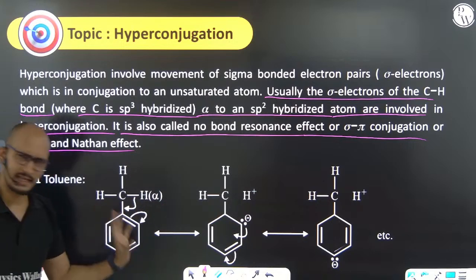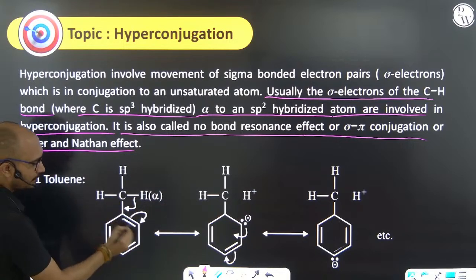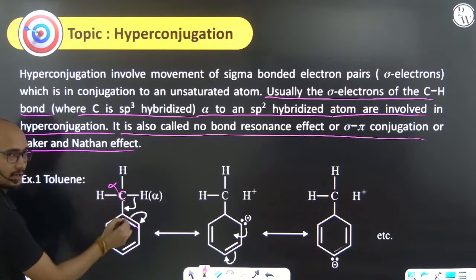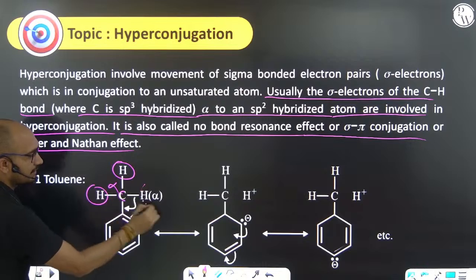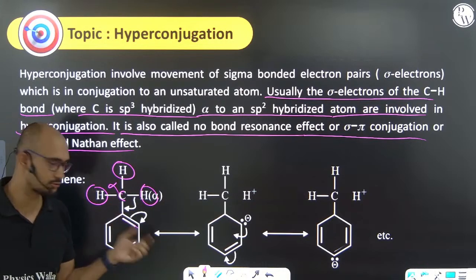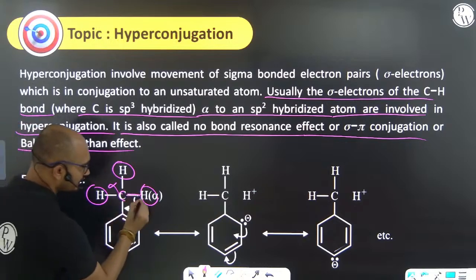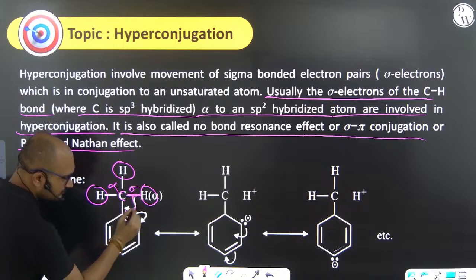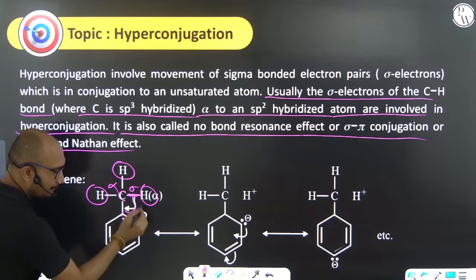How does it look? Can you see this is the carbon, this is the pi conjugated system? Can you see this carbon is alpha to this, yes or no? Alpha. How many hydrogens are there? Three alpha hydrogens. So all three alpha hydrogens will take part in hyperconjugation. This CH bond is sigma bonded, so what will it do? It will start overlapping with the pi orbital here.